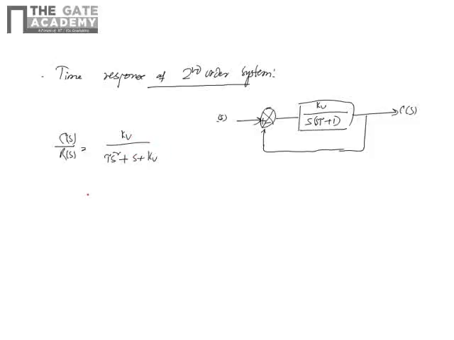We can also write in this form: K_v by tau divided by s square plus 1 by tau s plus K_v by tau. So this can be written in standard form for the second order system, that is omega n square divided by s square plus 2 zeta omega n s plus omega n square.